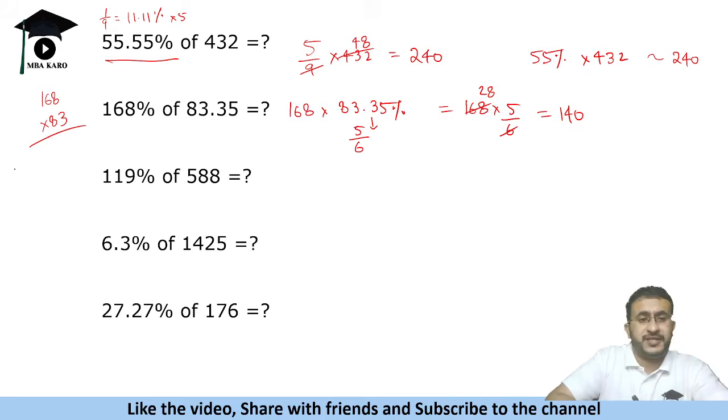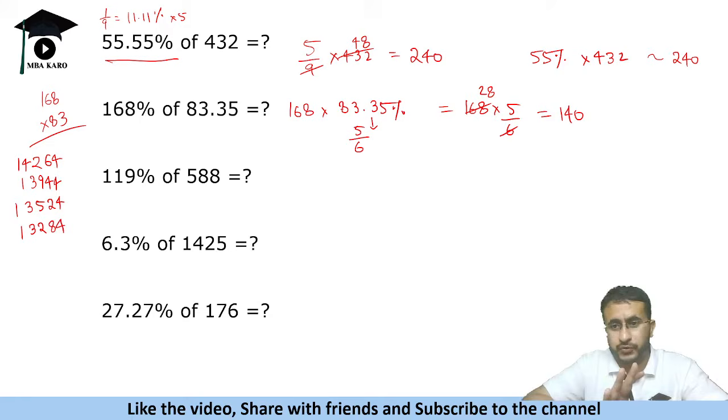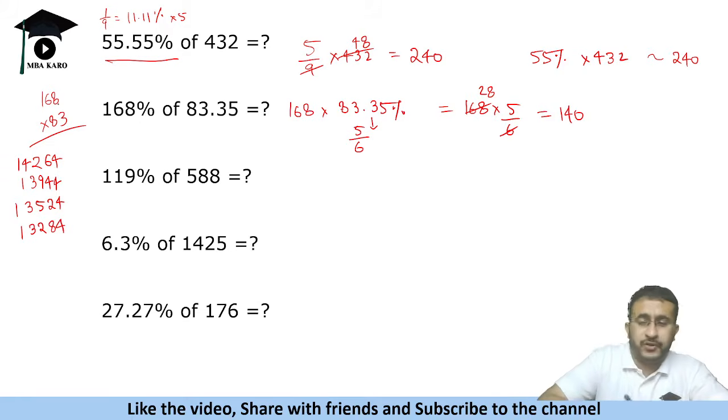So suppose the options are given as 14264. Suppose you have to do this product, and you do not know the table of 83, you do not know the table of 168.